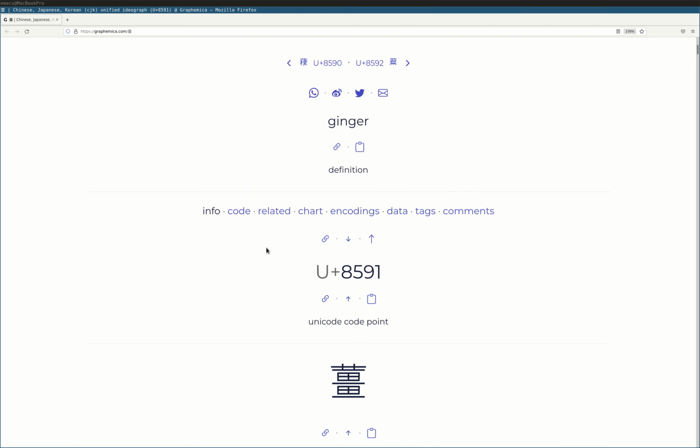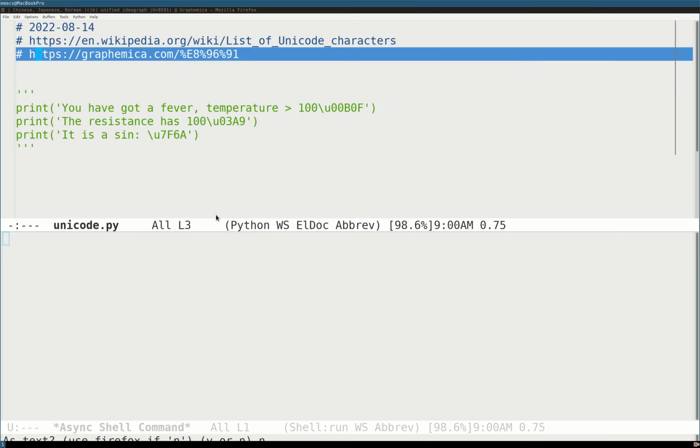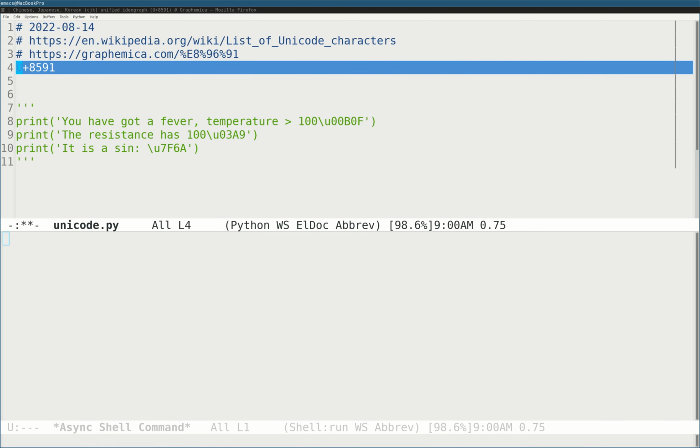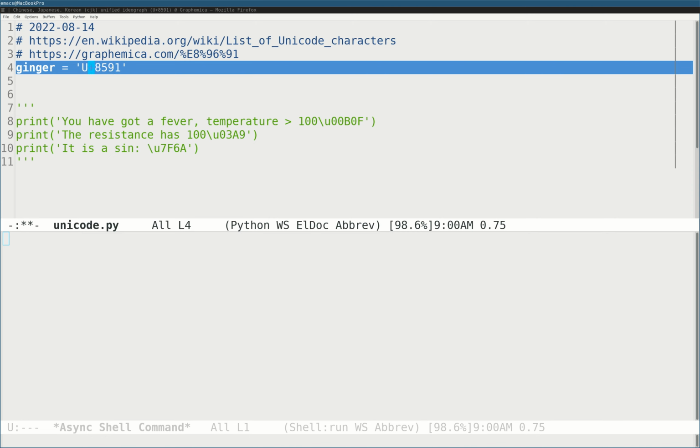You copy the Unicode from here and go back. So we say ginger equal true. But mind you, for using Python you cannot use this one. You have to modify it a bit to get a structure and a small letter.